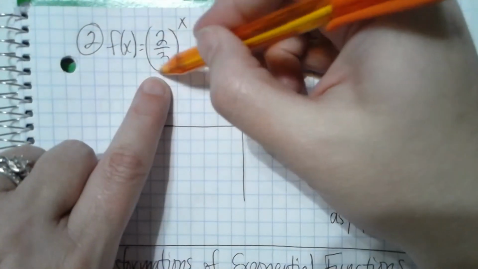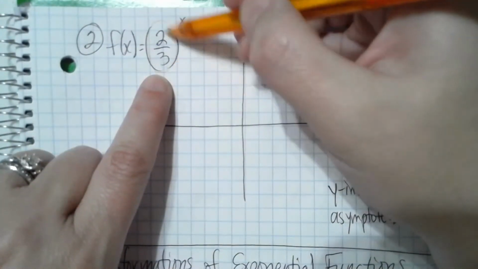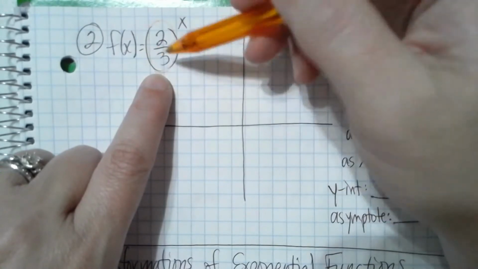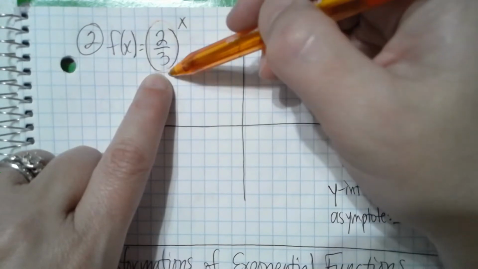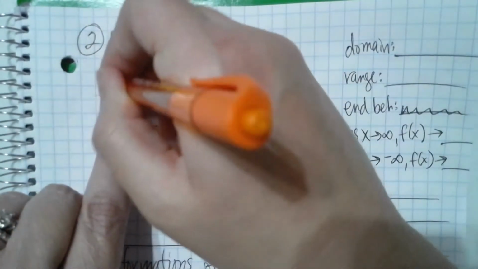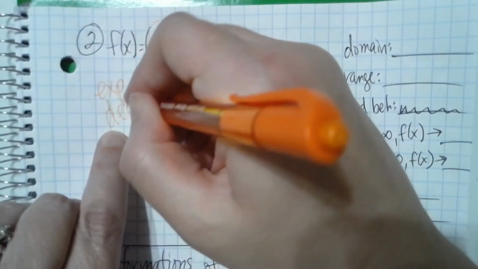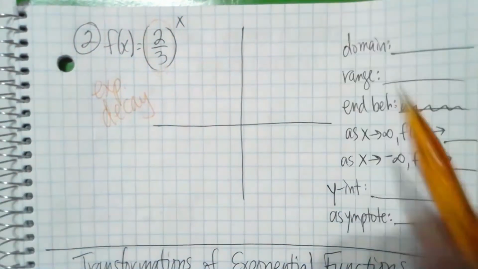So this is our b. Is this number bigger than 1 or less than 1? 2/3 is less than 1, so this is going to be exponential decay. It's going to be getting smaller as we go from left to right.